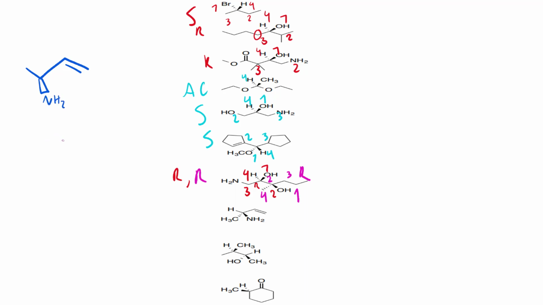Whenever you have a hydrogen or your lowest priority group not on a wedge or not on a hash, you have to exchange it with whatever is in the back. So in this case, my back atom or molecule is going to be a methyl group, but my hydrogen is right there.